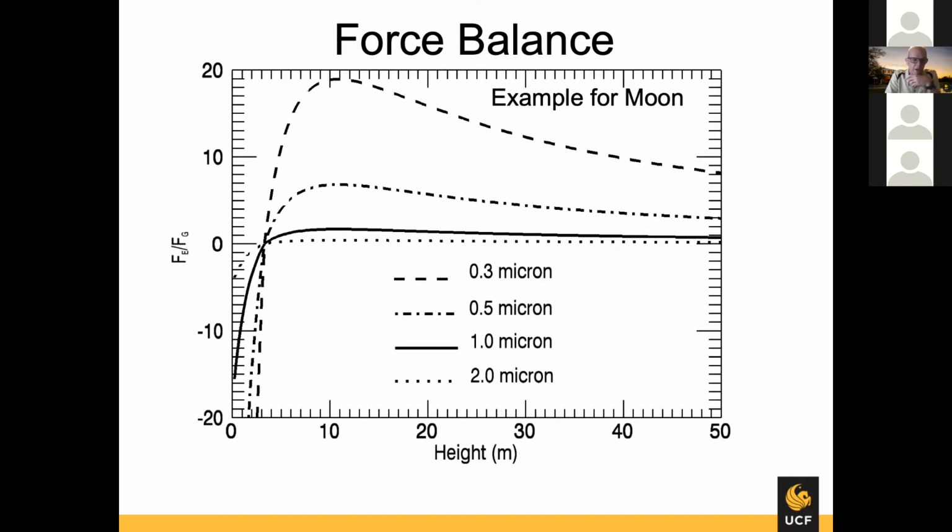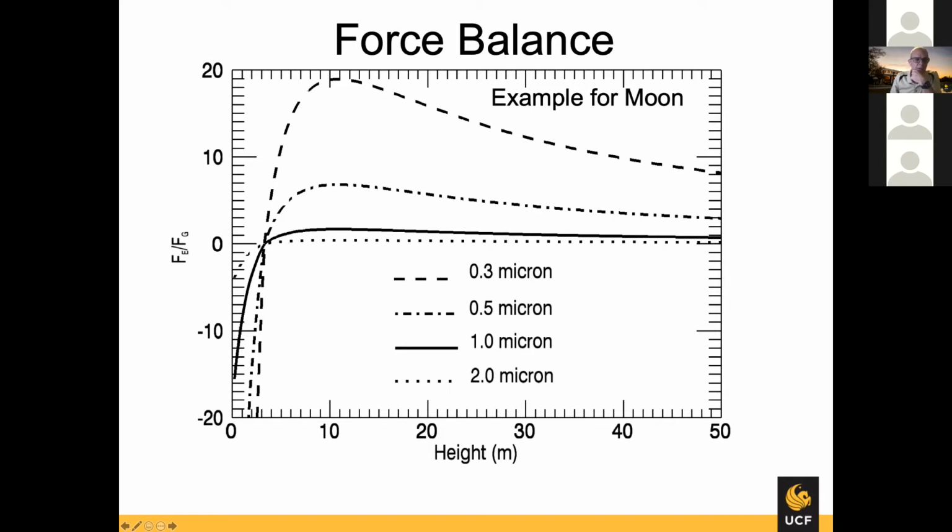So what we see is that if we wanted to have a force balance, meaning that the particle is suspended above the lunar surface, that's where Fe equals Fg, and that happens within a few meters of the surface.